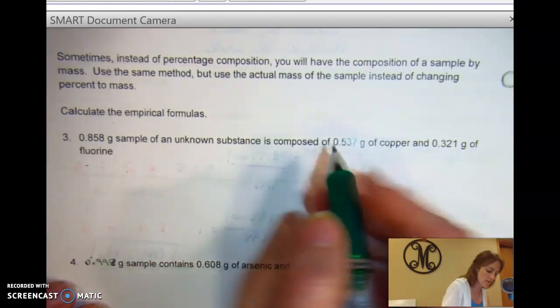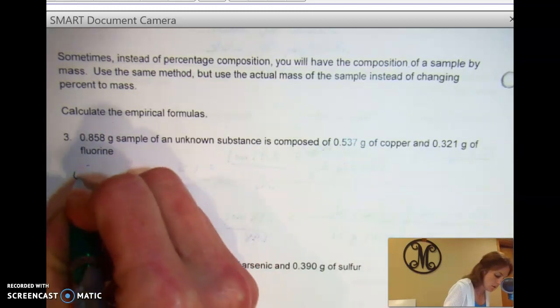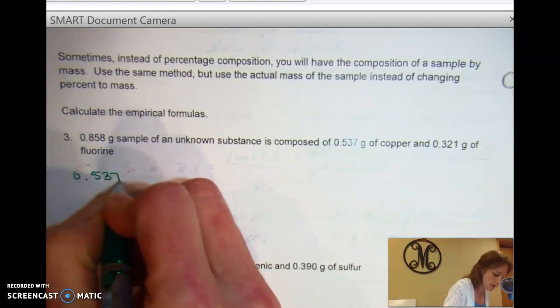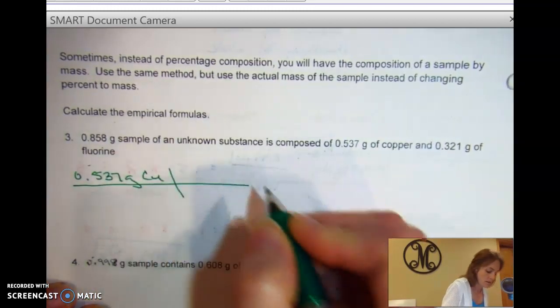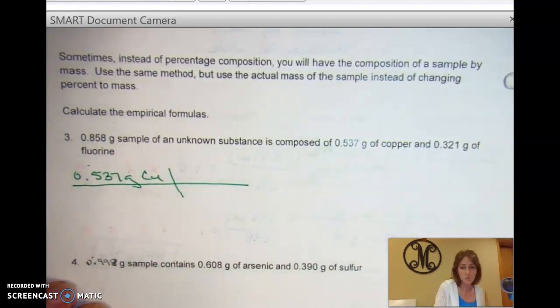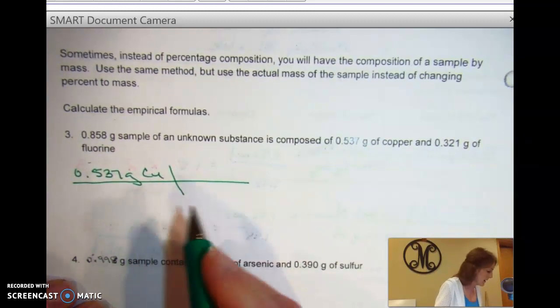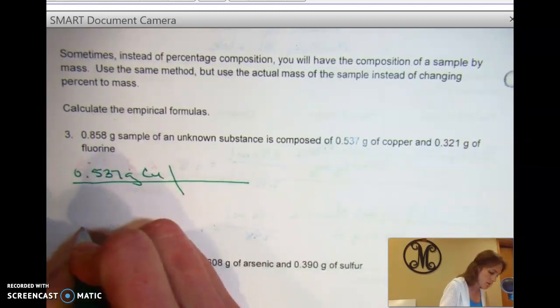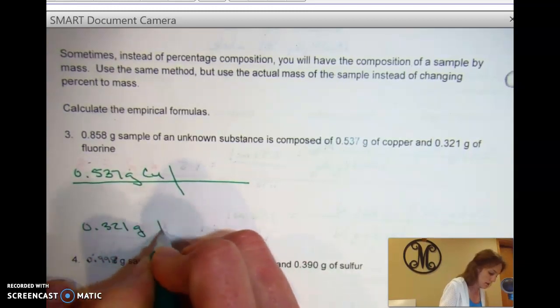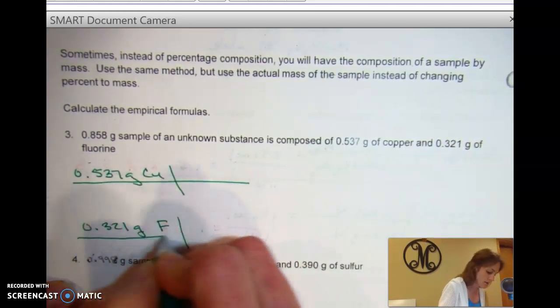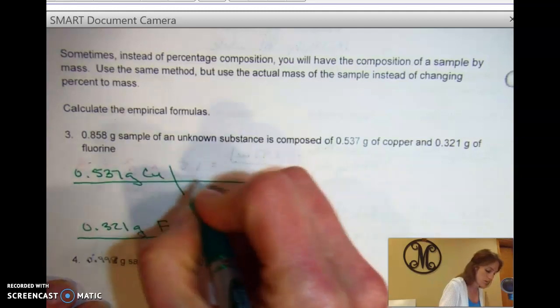So let's start with our 0.537 grams of copper. Remember the first step, percent to mass, we don't need to do because we already have the mass. And then down here we have 0.321 grams of fluorine. Okay, convert to moles.